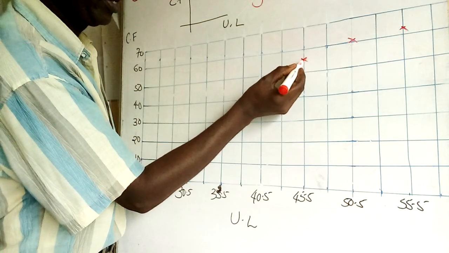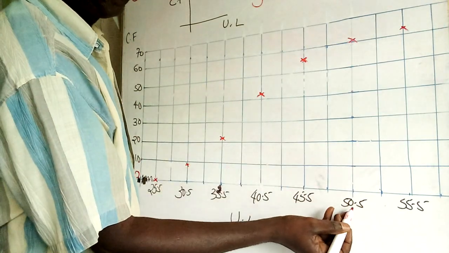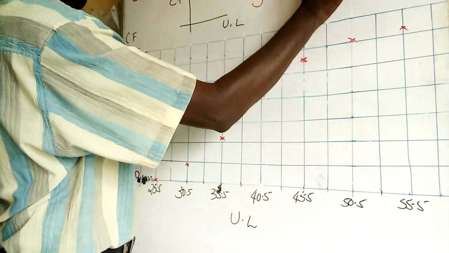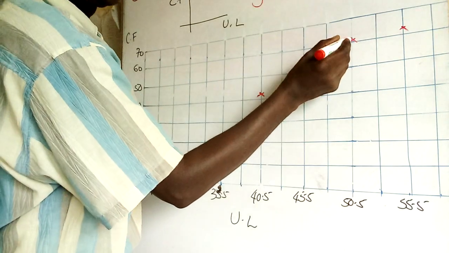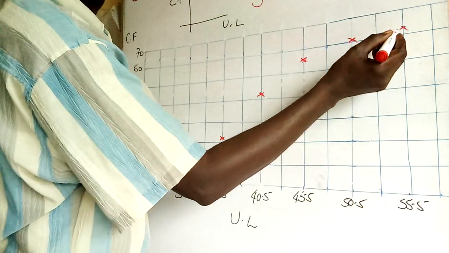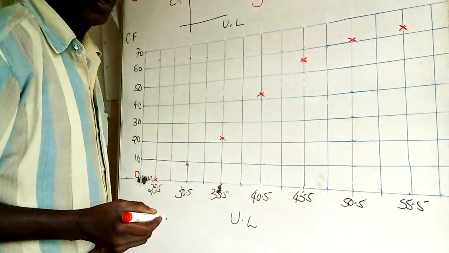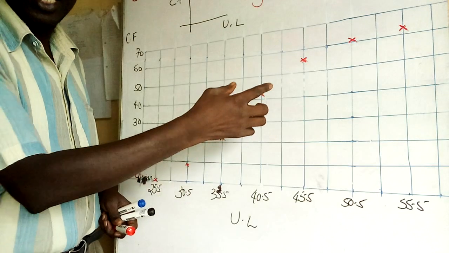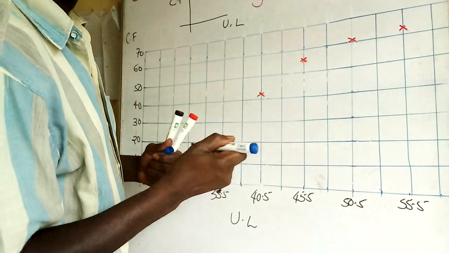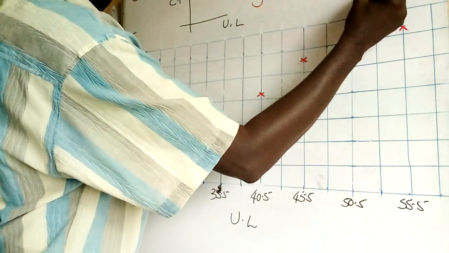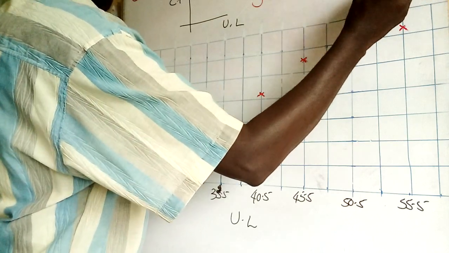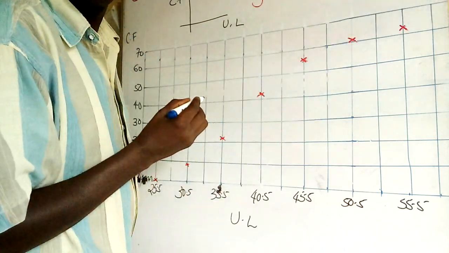I come and put in the middle here 55. Then 50.5 goes with 61. So just off the line. And then I finish with 63. Okay? So that is plotting. I've scored plotting. So far, if I may put here, scale 1, I'm okay. Plotting, I've done it, I'm okay.